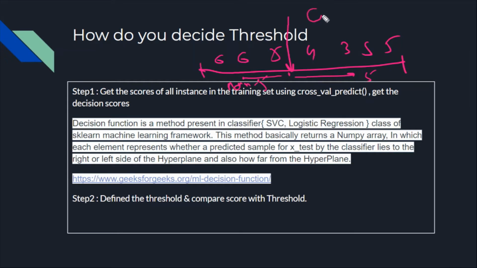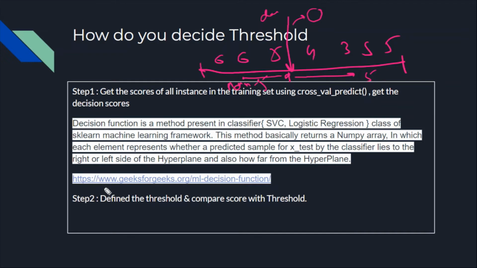Once the model is developed we must provide some kind of threshold. That threshold is normally called the decision function. The model will use this threshold, and depending on whether the score is beyond the threshold, it gives a positive or negative prediction. So for that we are using the decision function.